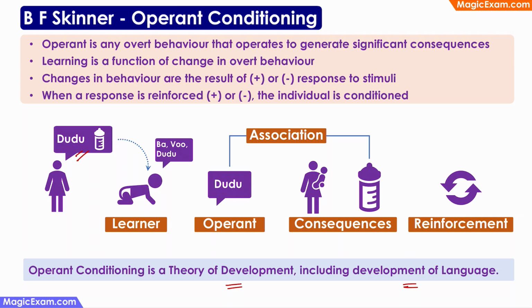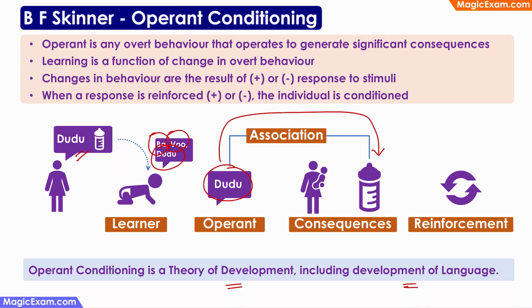At this age, the child is learning to say things. He is mimicking some sounds that he is hearing. So he says things like ba, woo, and he also learns to say duddu. So once when he says duddu, his mother says, "Oh, mere bete ko bhook laga hai, duddu piyega." So she gives him a bottle of milk.